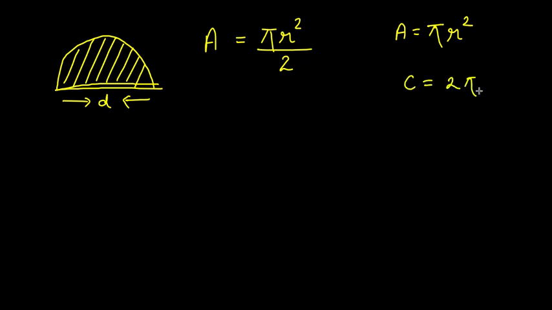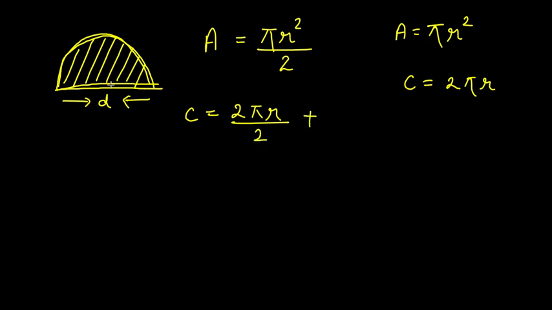Now if I want to calculate, earlier in the case of a circle, pi r square was the area. Now it is just half. It means the area is pi r square upon 2. In the second case, the circumference was 2 pi r, now the curved part is also half. So it will be 2 pi r upon 2.